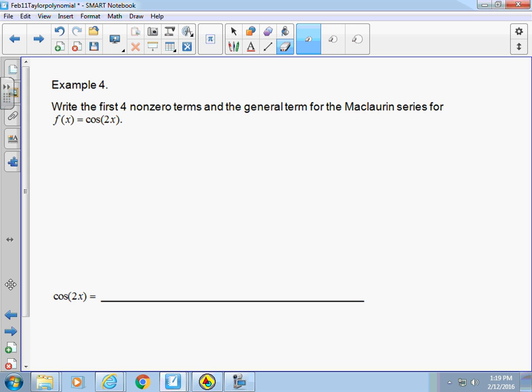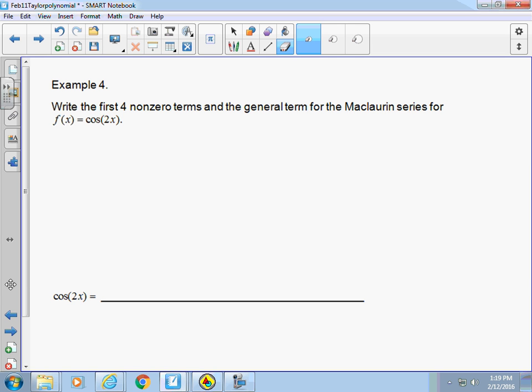You would just find the first four derivatives. Well, actually, we'll have to do more than that, probably. It does say the first four non-zero terms. On cosine, aren't you going to get several zero terms? Every other one is going to be a zero. Because cosine of 0 is 1, but sine of 0 is 0. So every other term is going to fall off.